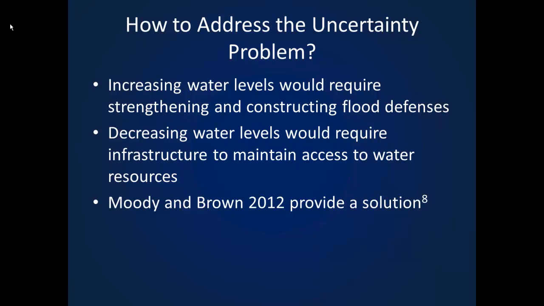Increasing water levels would require us to beef up flood defenses and to prepare for major damage, perhaps associated with more extreme weather and higher water levels, whereas decreasing water levels require us to build infrastructure to maintain access to necessary water.